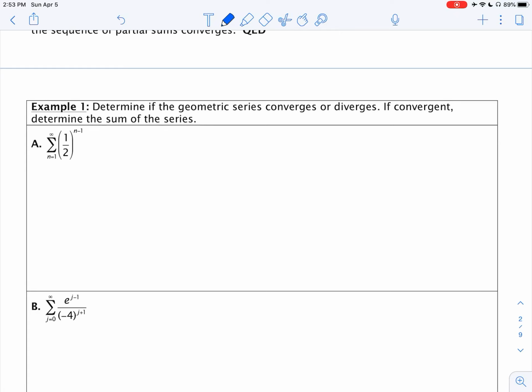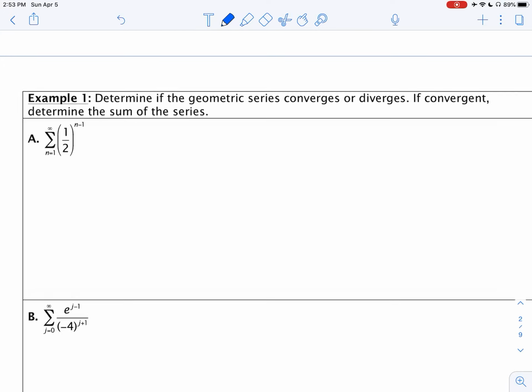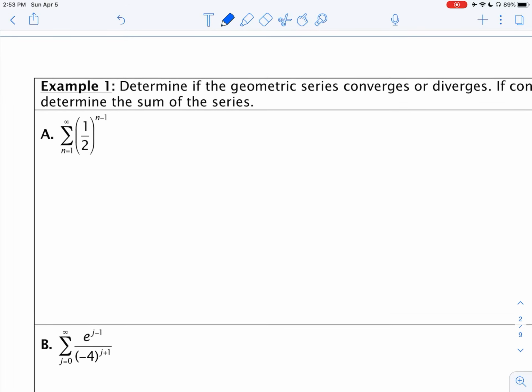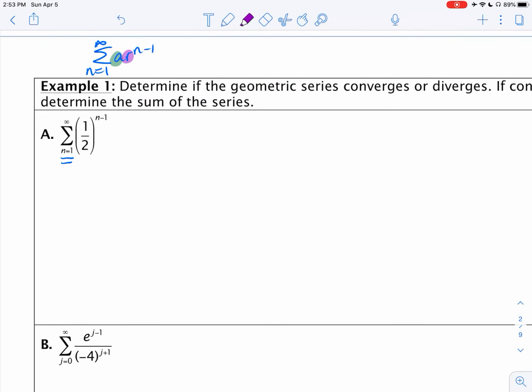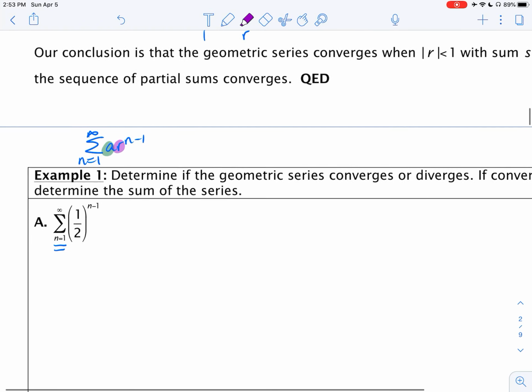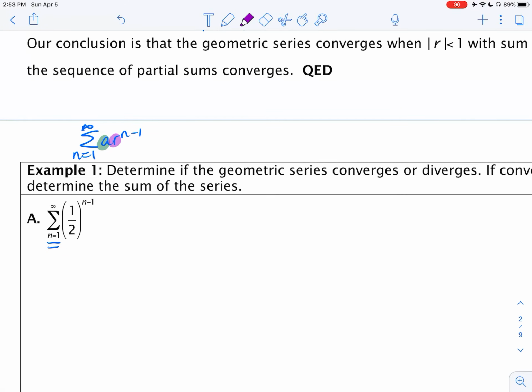Here are some examples. Determine if the geometric series converges or diverges, and if it is convergent, determine the sum of that series. So I first want to note that we're starting with n equal to 1, and remember, we want to make it look like the sum from n equal 1 to infinity of a times r to the n minus 1, for the purposes of being able to identify a and r, so we can put it into the formula a over 1 minus r.